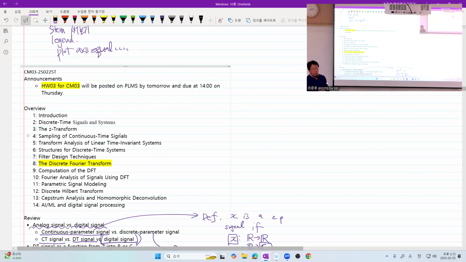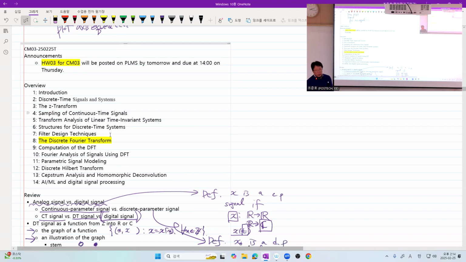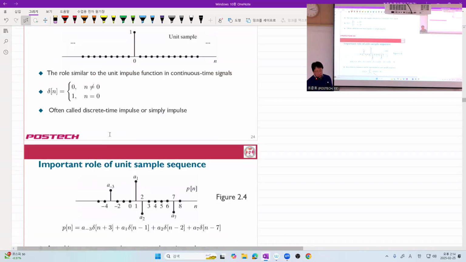And the most important applications of DFT are, for example, approximating the continuous time Fourier transform, continuous time Fourier series, discrete time Fourier transform, and discrete time Fourier series. So basically, this DFT can be used to do almost every frequency domain and time domain filtering for continuous time and discrete time signals and systems, once we convert a continuous time signal to a discrete time signal.